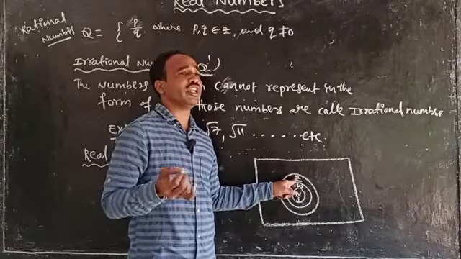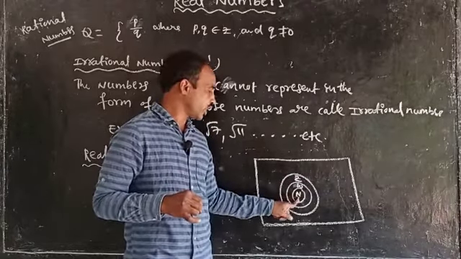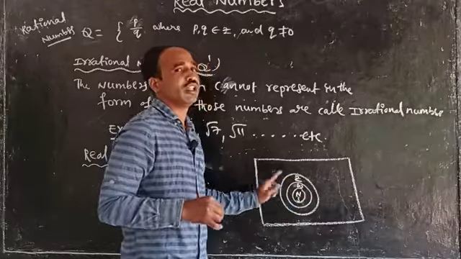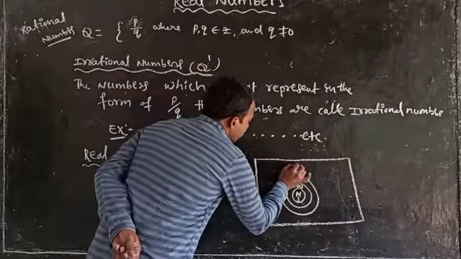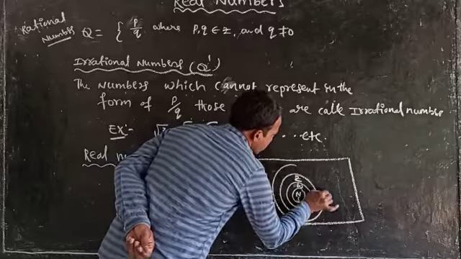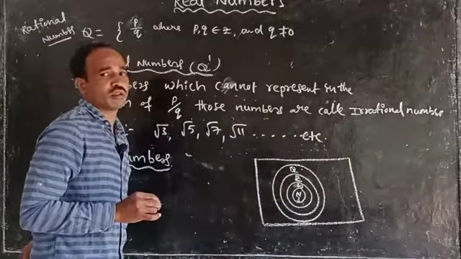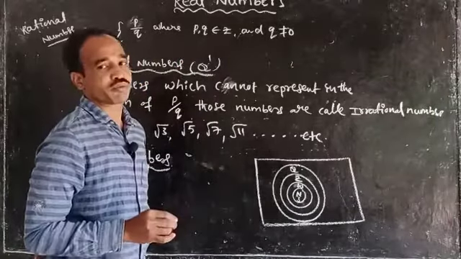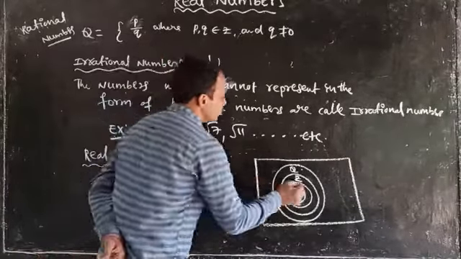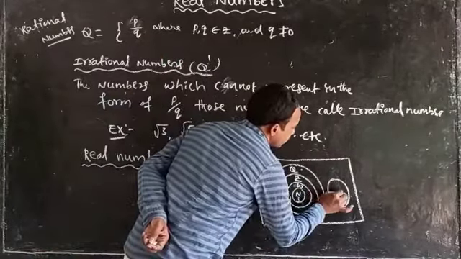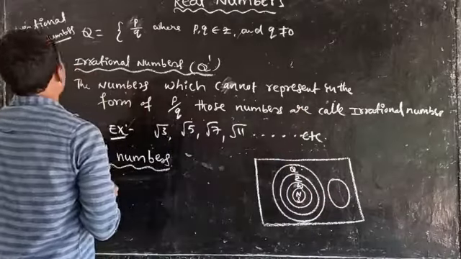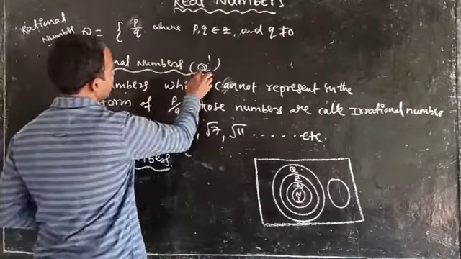In the integers also 3 is there. So 3 is inside the integer circle. Next to this, the circle belongs to rational numbers. And also, if we draw another circle, this is irrational numbers, denoted by Q dash.